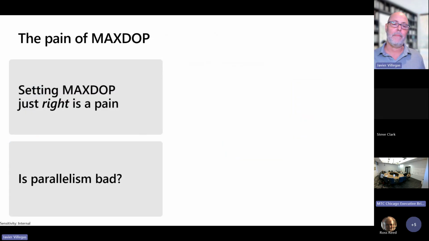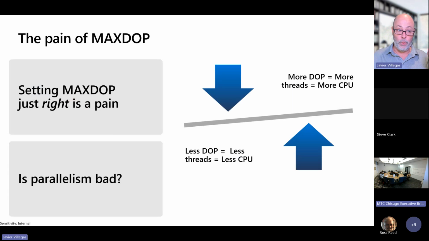We also mentioned last time DOP feedback, right? After executing the query, query processing may detect that the query will run more efficiently with a different DOP. So instead of changing it at the instance level or database level or adding a hint, SQL Server will do it for us. It will detect after several executions if it is needed to lower the DOP just for that query, not for everything.